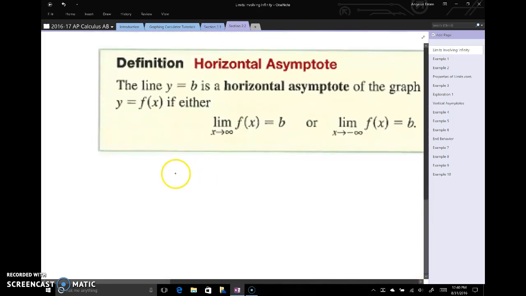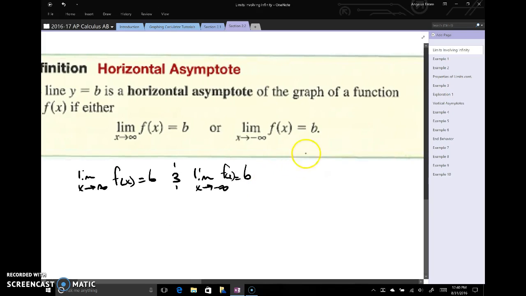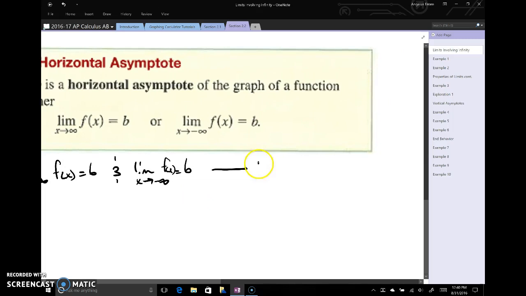If we have the limit as x approaches infinity of f of x is equal to b, and the limit as x approaches negative infinity is equal to b, then we could write the limit as x approaches positive or negative infinity of f of x is equal to b.